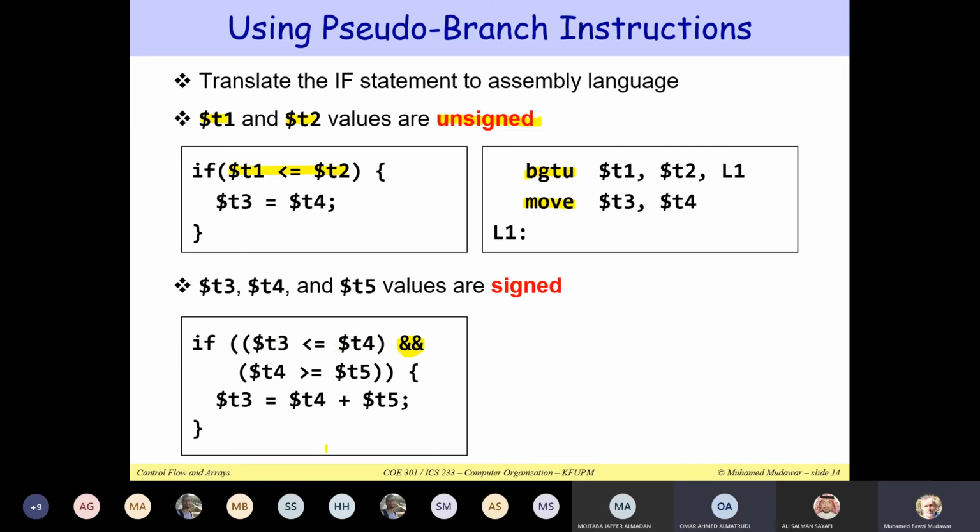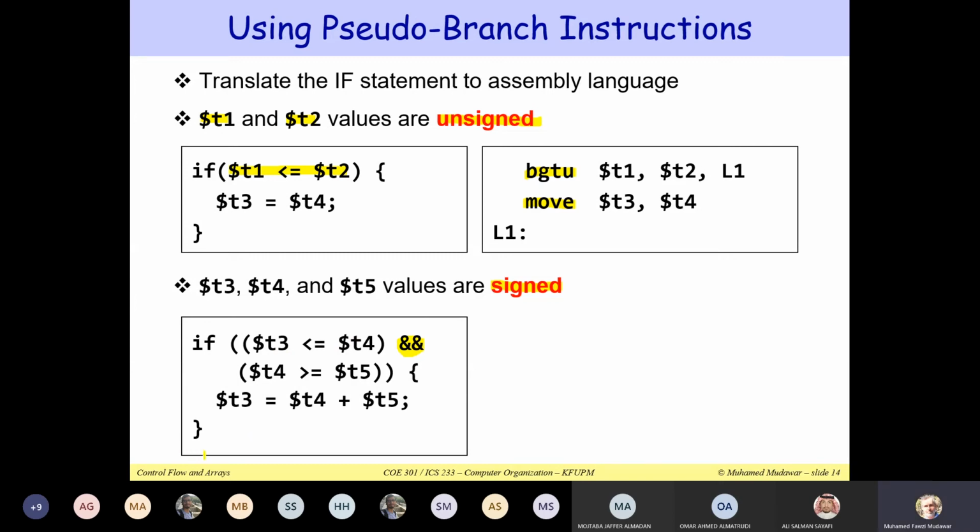Less than or equal. What is not less than or equal? Branch if greater than. Yes, but it says that they are signed, so we should make sure that we use the correct branch instruction. So here we have a branch greater than. T3, T4, where do I branch?